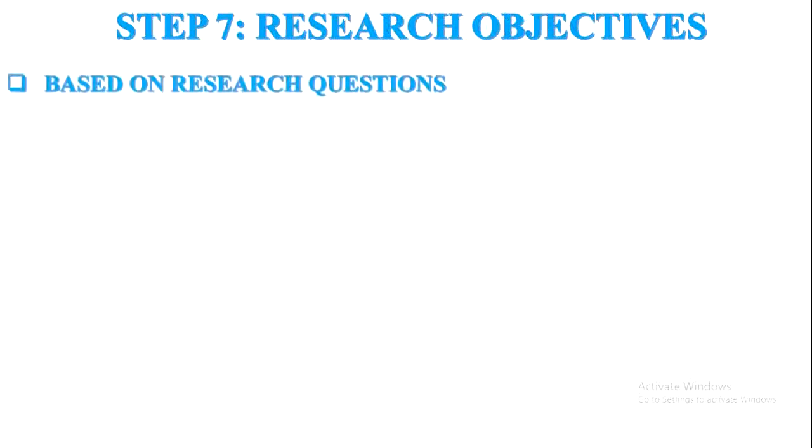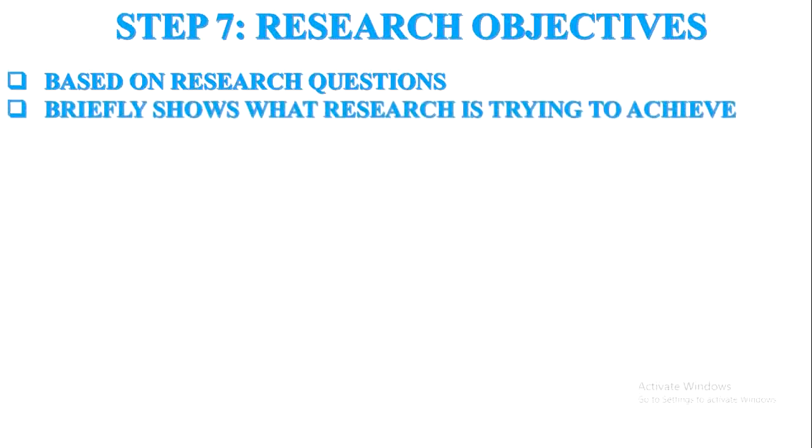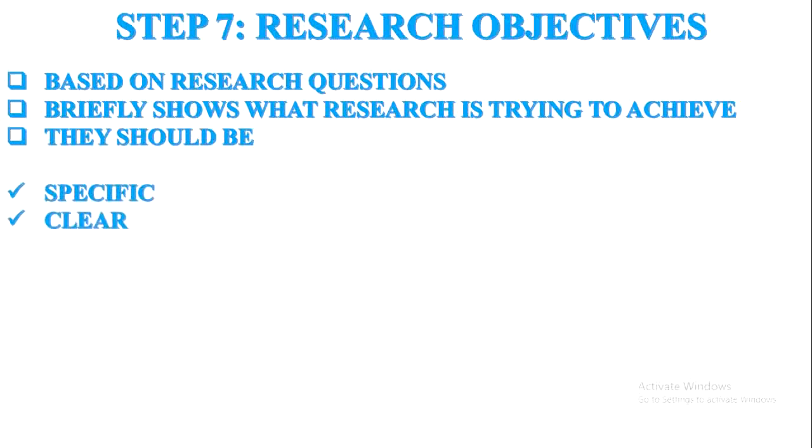Next we have research objectives. They are based on your research questions, which we discussed in the previous step. Research objectives briefly show what the research is trying to achieve. In simple words, they should be specific, clear, achievable, and measurable.